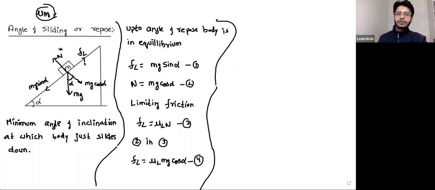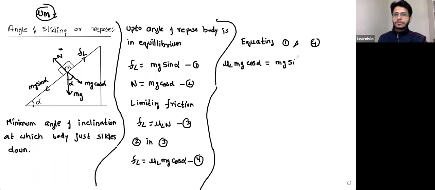Next, you can do one thing. You can equate 1 and 4. Now, if you equate 1 and 4, you will get mu L mg cos alpha is mg sin alpha.